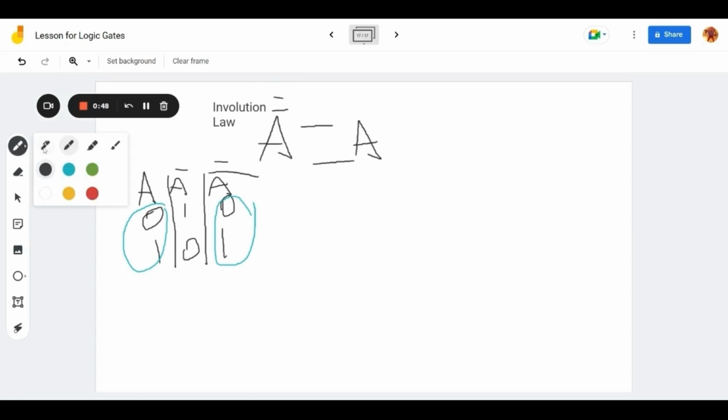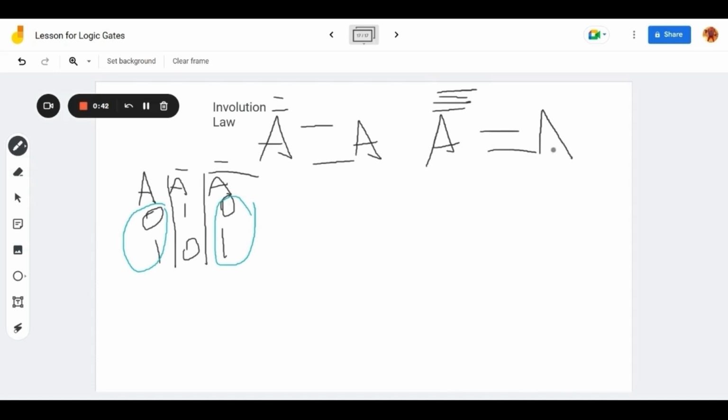Another example of this is if there are 4 knots, it would still equal A as long as there is an even number of knots on the thing.